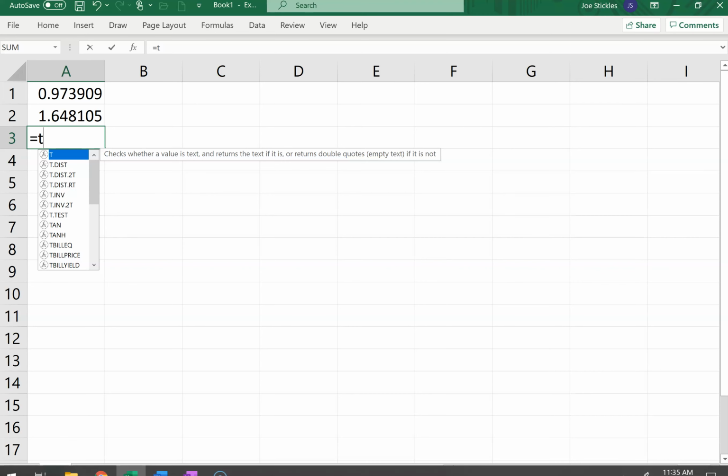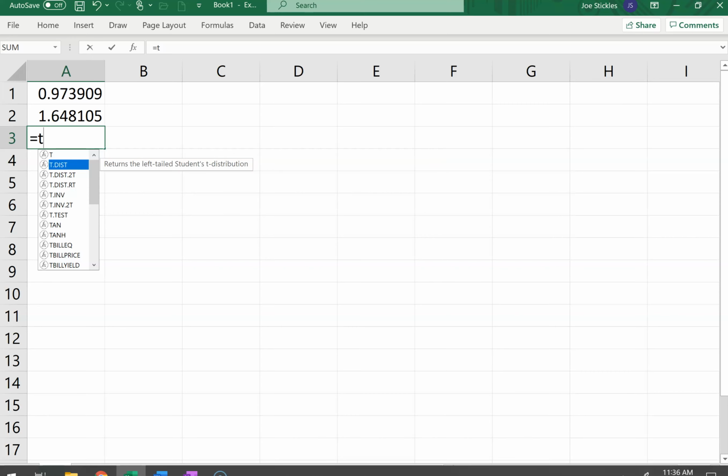What we're thinking about is the tail, right? That's what the T stands for. The two tail would be, is it in one of the two tails or is it just on one tail? So T.INV is with one tail, T.INV.2T is two tails, which means the probability would be divided in half along each tail, right? So in this case, all we're looking for is the one tail.